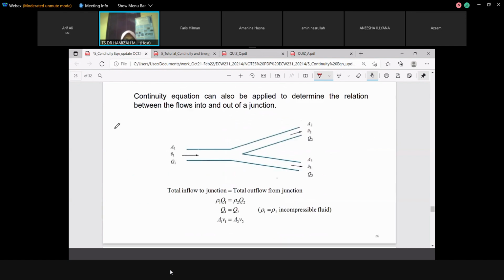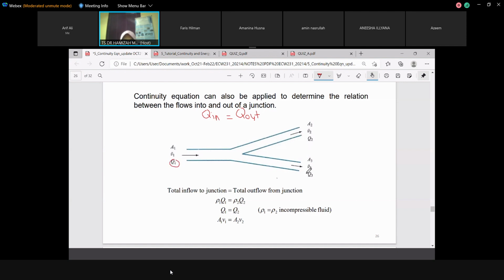Okay, so this is another condition when the pipe is splitting into two. So the concept of the continuity equation is still the same. Q in equals to Q out. So you need to determine which one is Q in and Q out. So Q1 is Q in.